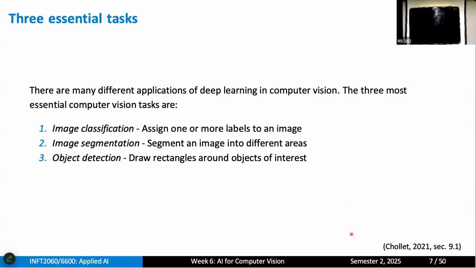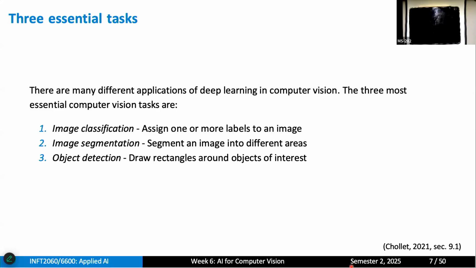Image classification is mainly to simply assign one or more labels to one image. Image segmentation is to segment an image into different areas and then label the different areas. If it's not a classification task but a regression or clustering task, we can say that for different areas we try to find similar patterns.